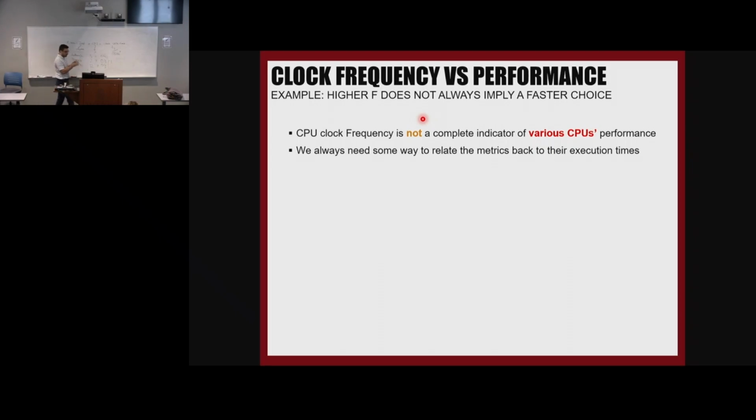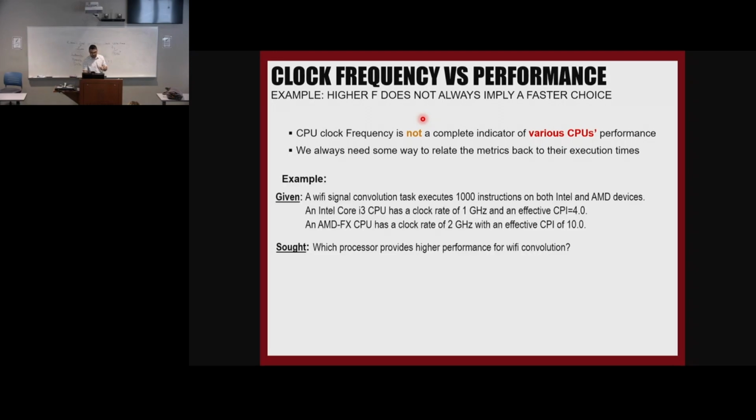Okay, so this is an example. We have a Wi-Fi signal convolution task that needs 1,000 instructions on Intel and AMD devices.